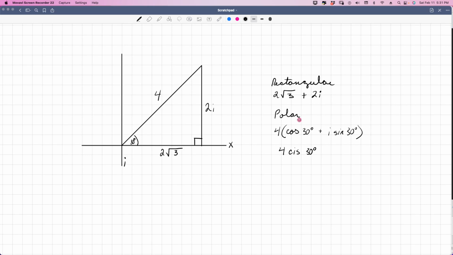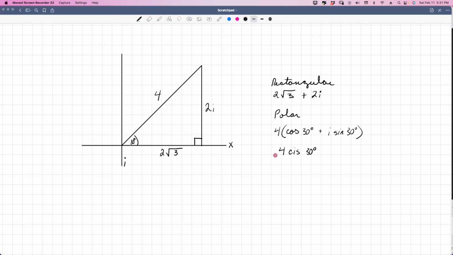The polar form of a complex vector takes the hypotenuse times the cosine of the degree plus, or takes 4 times the sum of the cosine of the degree of measure plus i times the sine of the degree of measure.